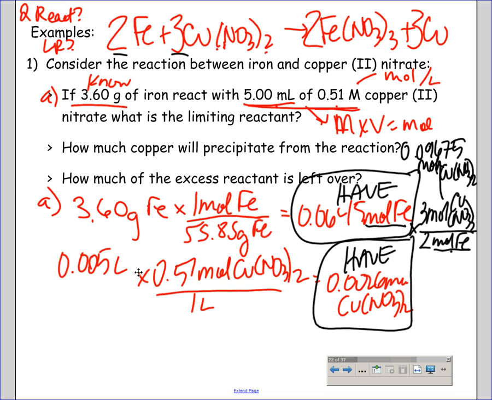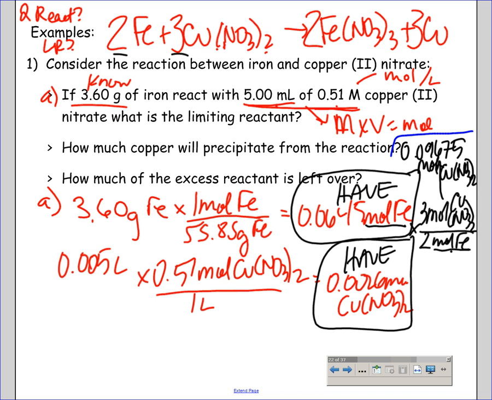And I kind of just said it, but that's called my need. If I have this much iron, how much do I need of copper 2 nitrate to fully react with all of it? Does that kind of make sense, like the bread and peanut butter or the jelly example? If I have this much iron, to fully react with that, I need 3 copper 2 nitrates for every 2 irons. So I need to multiply this by 3 divided by 2.